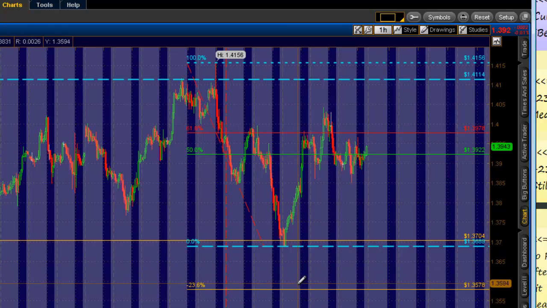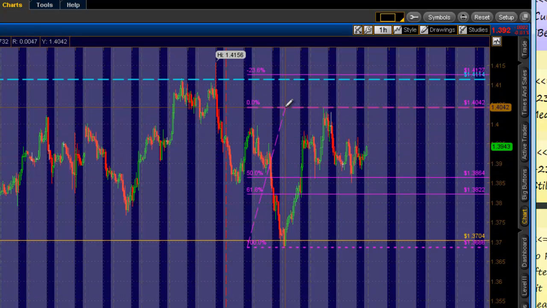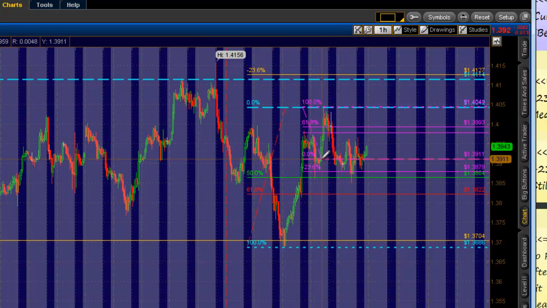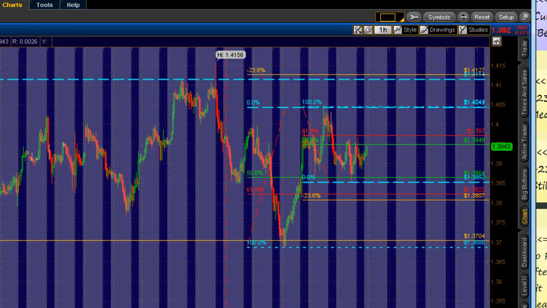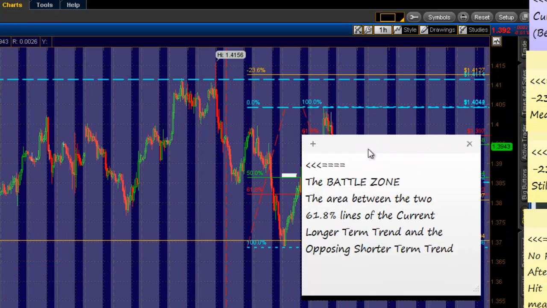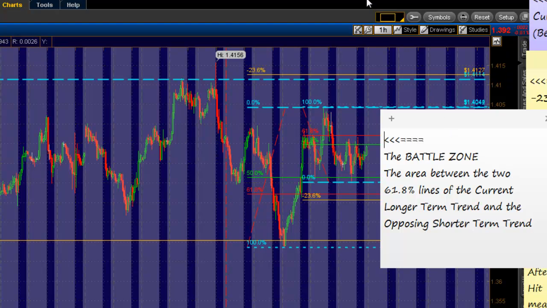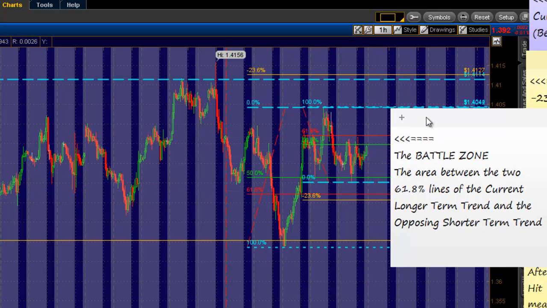The 618 line was broken, which does give us a bullish bias, which has been bought, and at this stage you would have to say that even though the battle zone is right here, and what I mean by battle zone is the area between the current trend, which if it's the long trend, and then that 50% buy point, and the opposing short is those two 618 lines. That's what we're talking about with the battle zone.